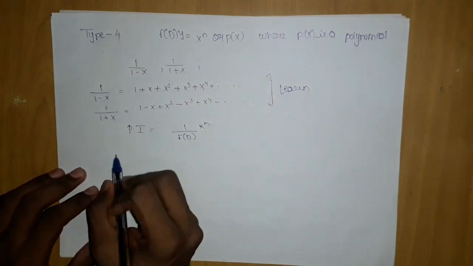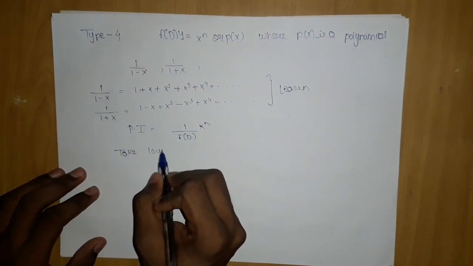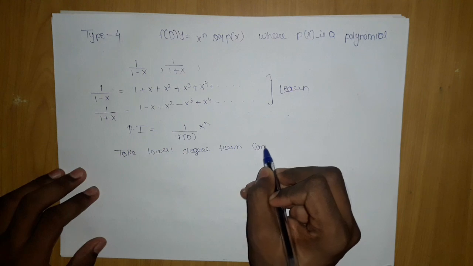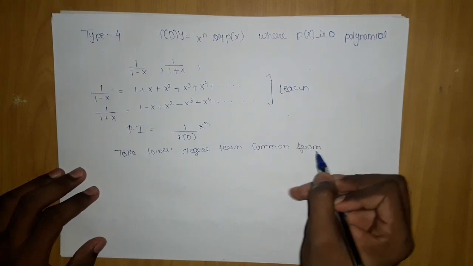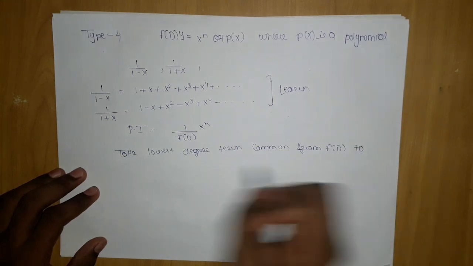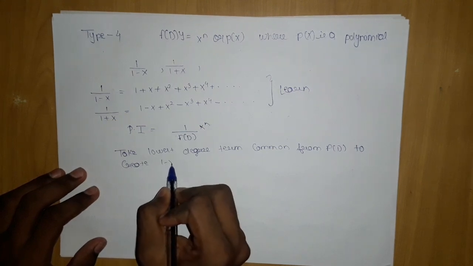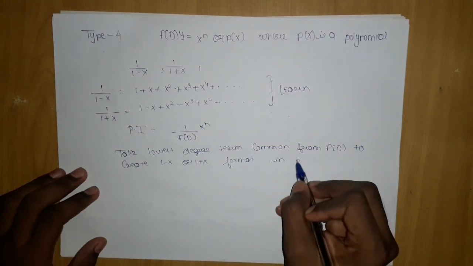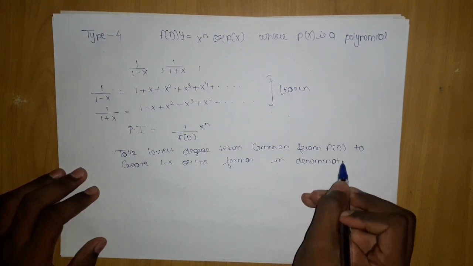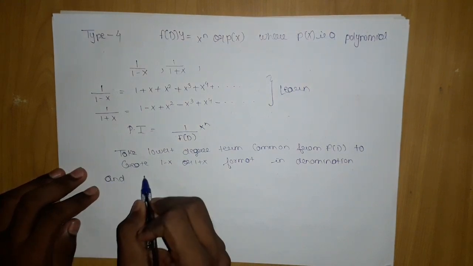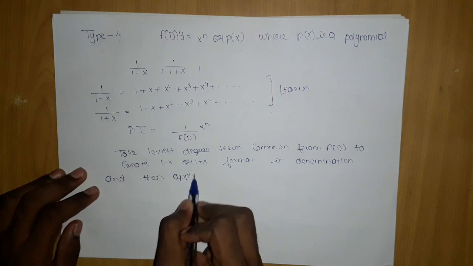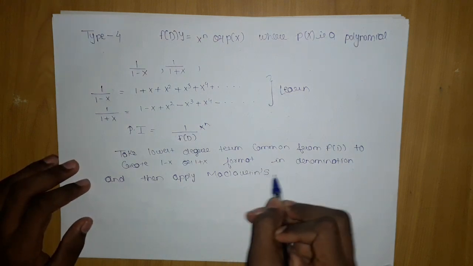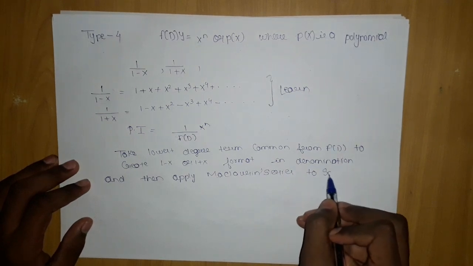Now what you are going to do is take the lowest degree term common from f of D to create 1 minus x or 1 plus x format in the denominator, and then apply Maclaurin series to solve the problem.